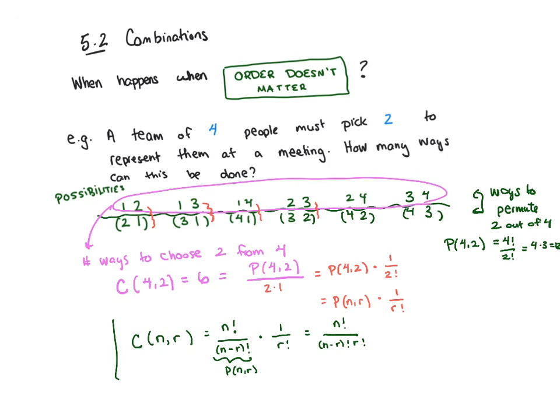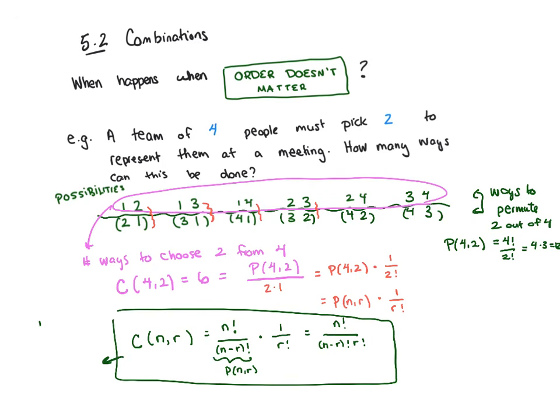So this gives me the number of ways to choose r objects from a set of size n. Right, so let's write that out. The number of ways to choose r objects from a set of size n.